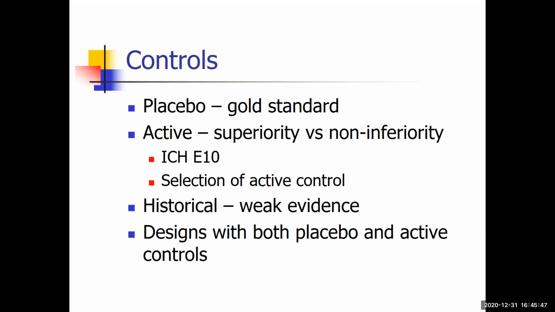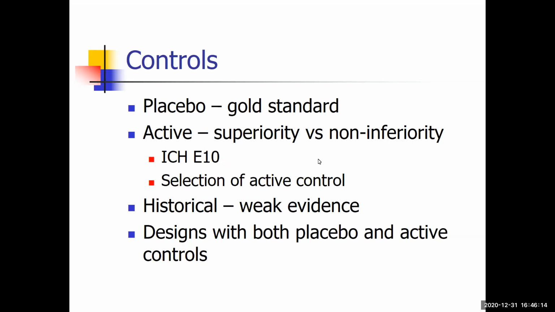You hope it's not worse than the existing antibiotic. And of course, we need newer antibiotics because of resistance and other things. We need more or newer antibiotics. But for antibiotic development, it's not ethical to run placebo-controlled trials. So you have to do an active control trial, you do non-inferiority trials.